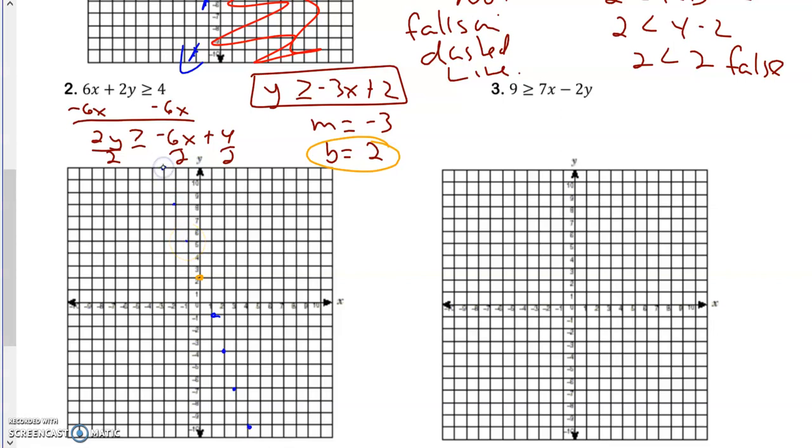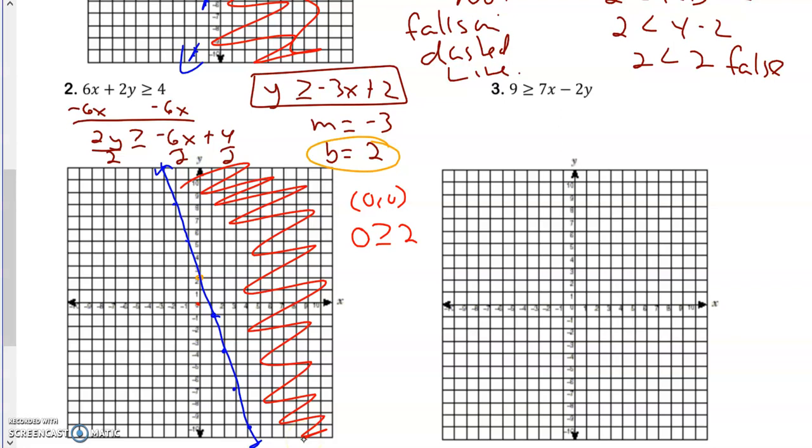Now this time I see that it's greater than or equal to, so that tells me I need to have a solid line. My still all-time favorite point is the 0, 0. So I'm going to put 0 is greater than or equal to 2. Is that true? No, 2 is bigger. So obviously we have to shade the opposite side. So I'm going to shade over here above the line.